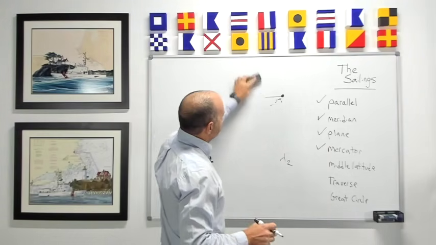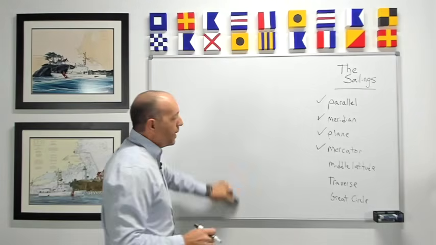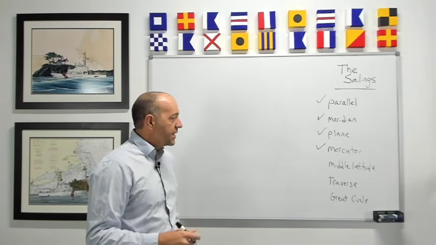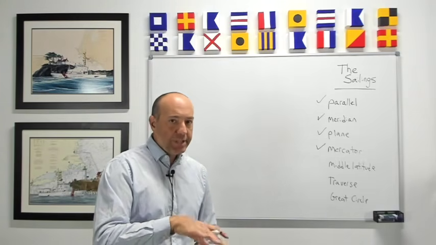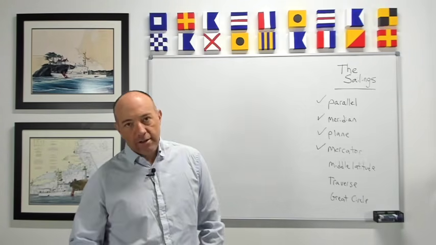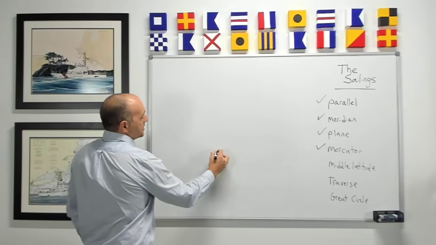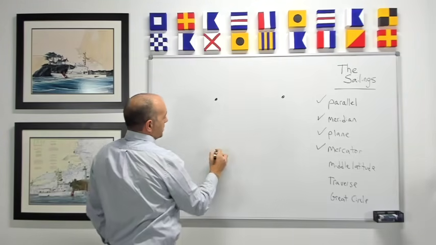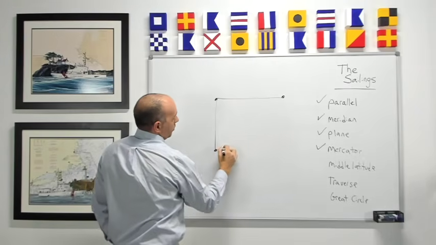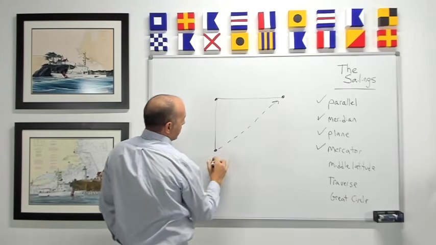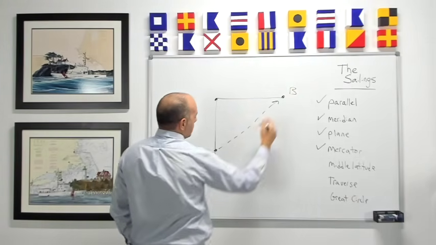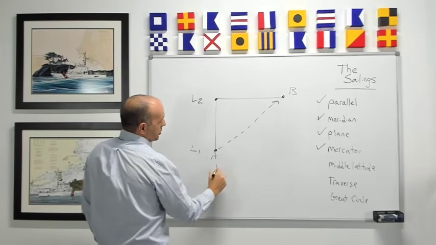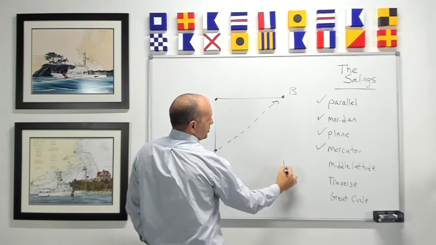The next one deals with what's known as middle latitude or mid-latitude sailings. This combines plane sailing with parallel sailing. So in that same situation, if this is where you're heading from A to B, you've got latitude 1, latitude 2, longitude 1, longitude 2.